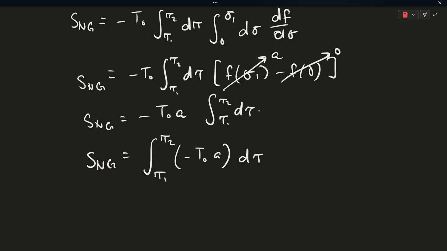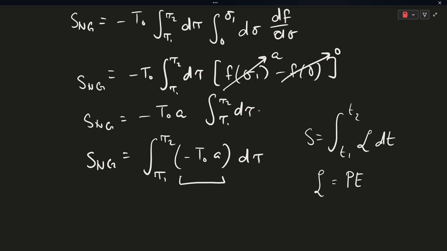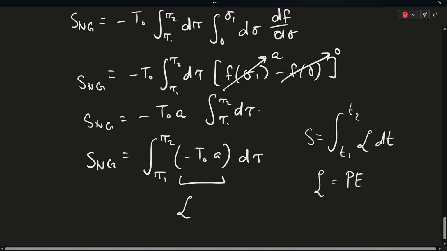And we know that the action is the integral over some t1, t2 of the Lagrangian with respect to t. So we know that the Lagrangian in this case, we assumed in the beginning, is simply the potential energy. So if I compare, this expression is essentially my Lagrangian.